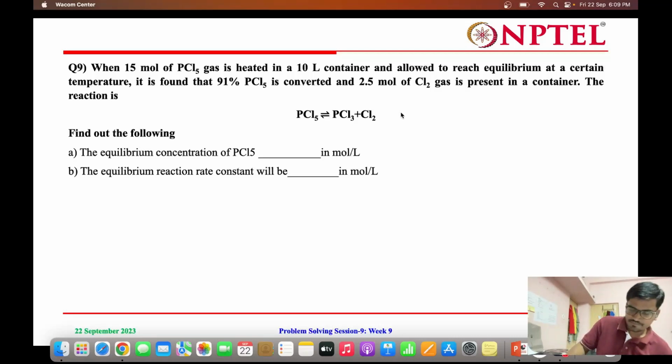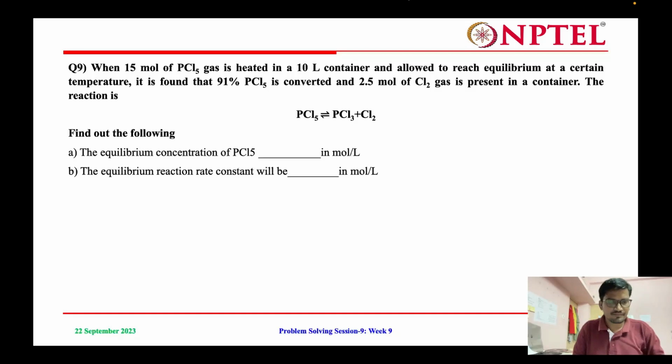The reaction is PCl5 gives PCl3 and Cl2, reversible.